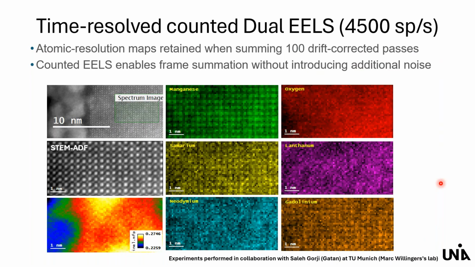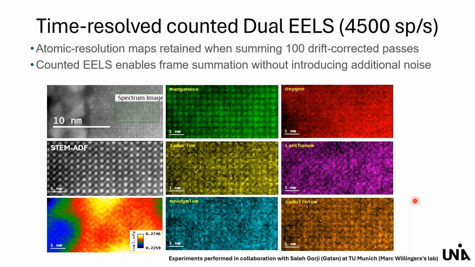So this is only possible, and that's a big key advantage here, because we have this fast acquisition enabled by the direct electron counting detector with very short exposure times of 110 microseconds, and this significantly reduces the interaction time between the beam and the sample, and therefore reduces the beam damage.